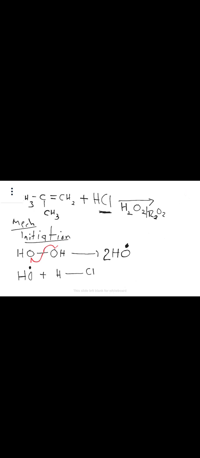Let me do this. Okay, so now something is wrong with it. Let's see if we can bring back what I had drawn. So now I'd said you write your hydrogen peroxide radical, and it is reacting with HCl.